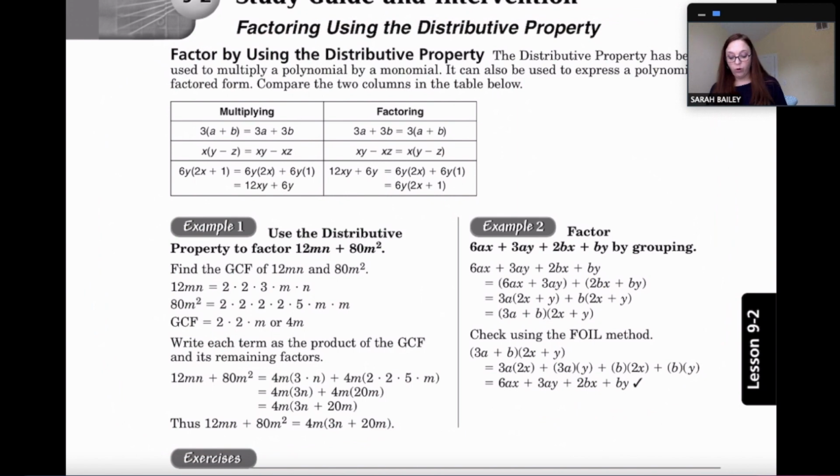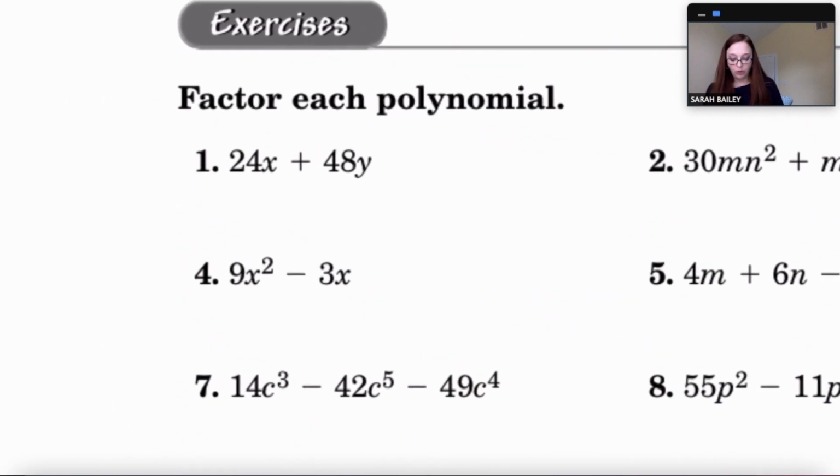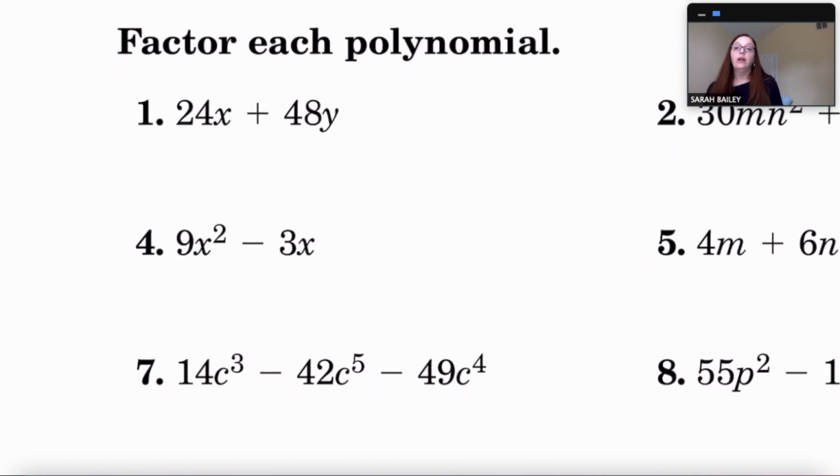Great. So we're going to go ahead and do some practice on our own. Look first at number 1. All the directions are the same: factor each polynomial. We've got 24x plus 48y. Looking at these two terms, I'm thinking about the greatest common factor.